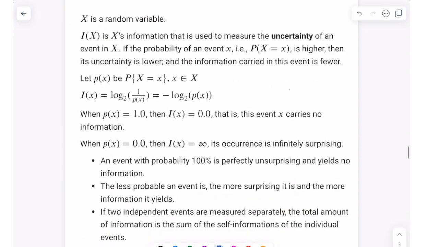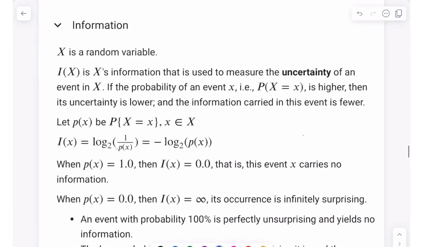Before entropy, we introduce another concept called information. Assume that big X is a random variable. I of X means the information of X, and it can measure the uncertainty of event X.